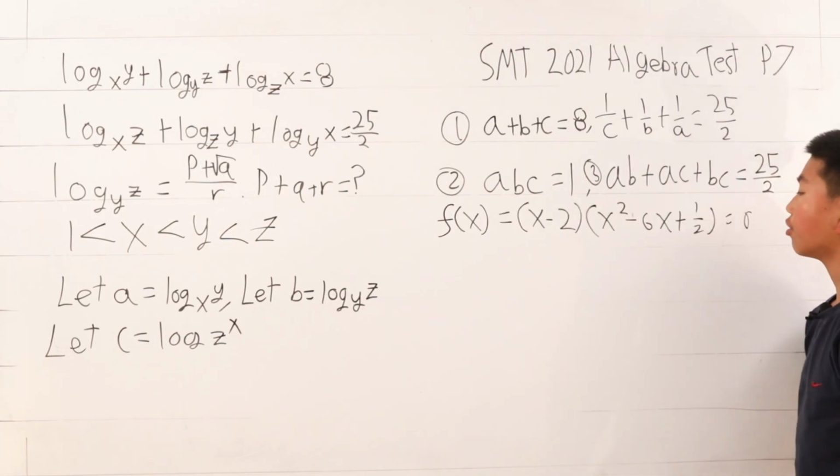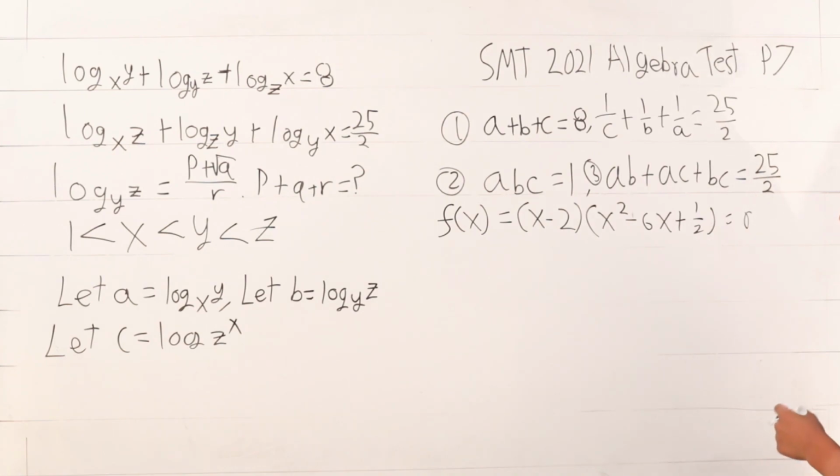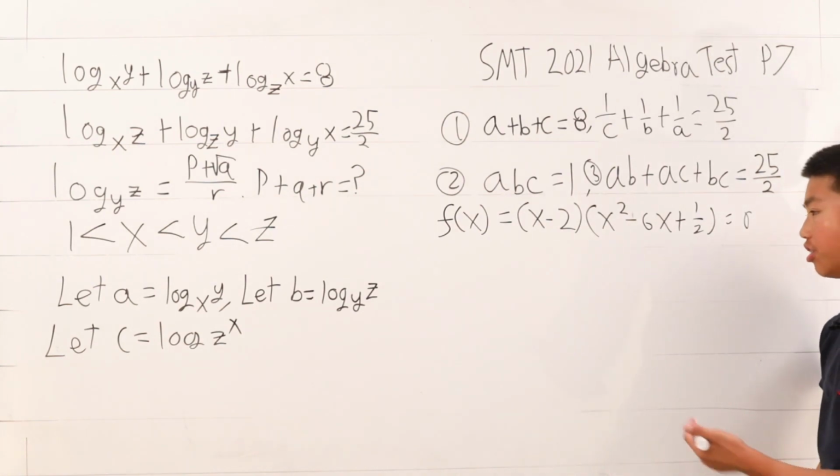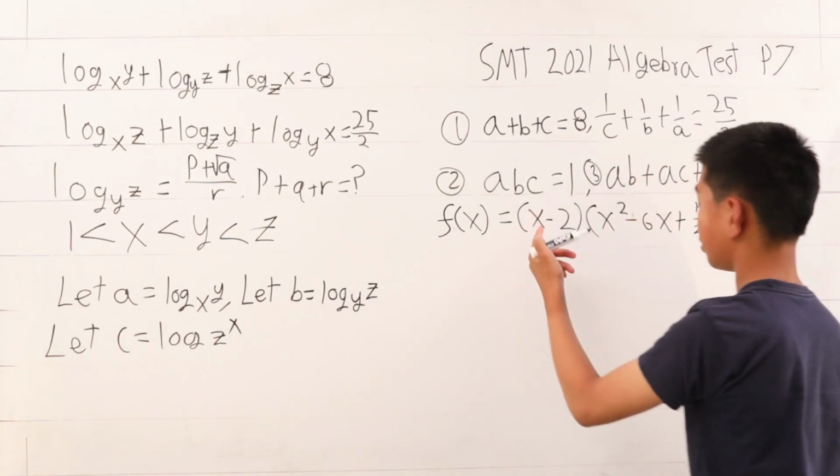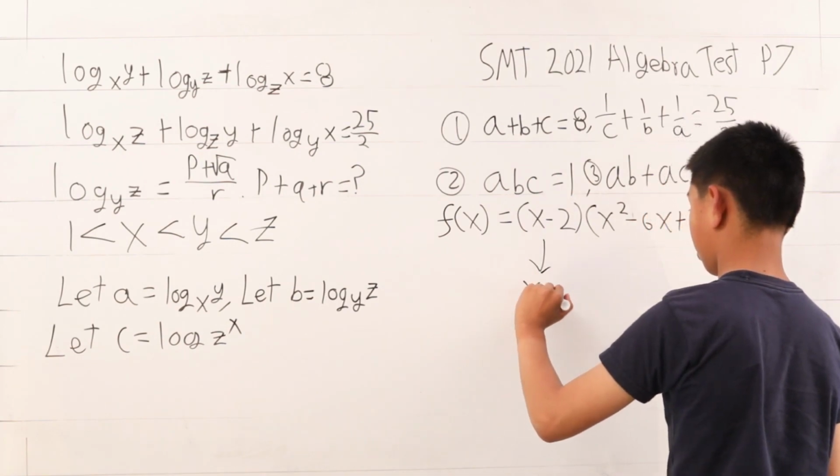So as it turns out, earlier I've actually made a mistake. This was supposed to be plus 1/2, but these things happen. Earlier we considered the case x minus 2 here. This is x equals 2.